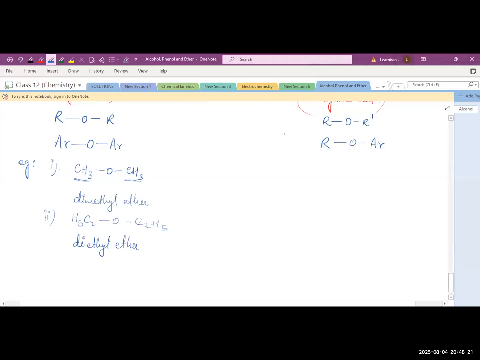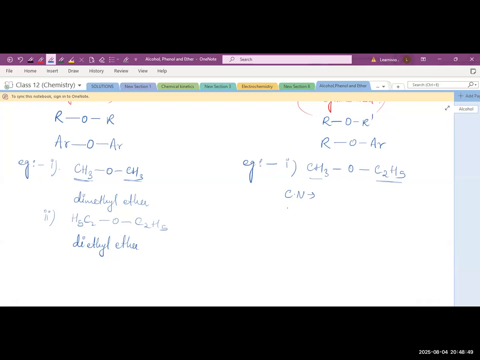But now see, here the example is take example in the mixed type. Suppose यहाँ पे मैं CH3, oxygen and here C2H5, right? So here the methyl group is there and here the ethyl group is there. Right? So how we can write down the name? First we will talk about the common name. So common name में always we write down the ether at last, right?